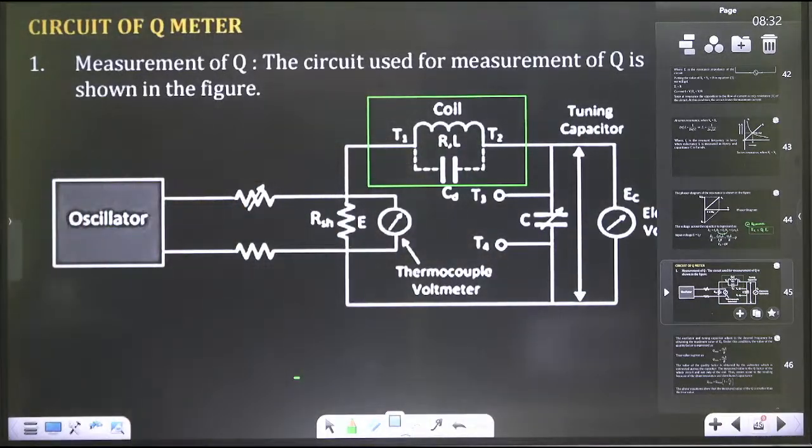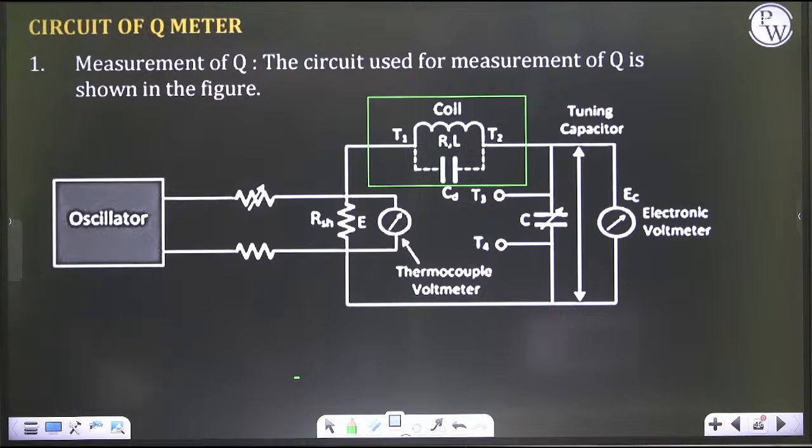This is a Q meter circuit, my dear. Please make a note of this Q meter circuit.